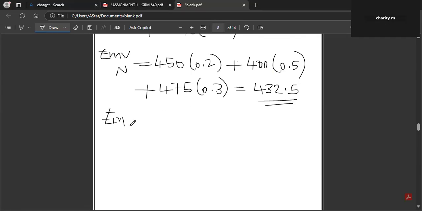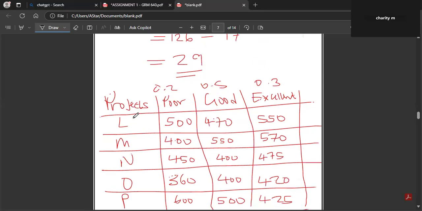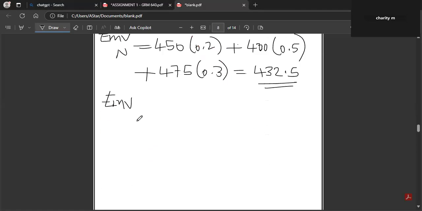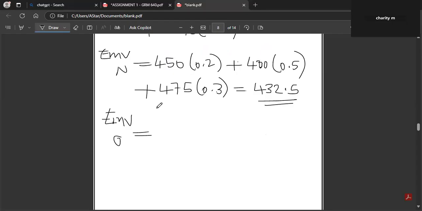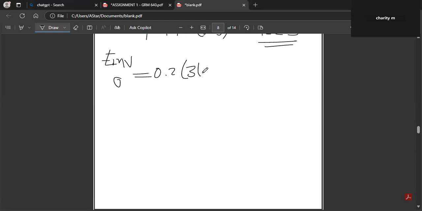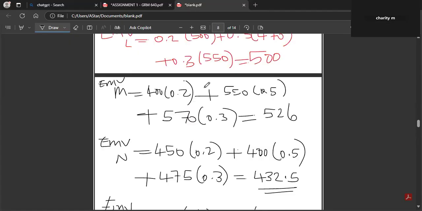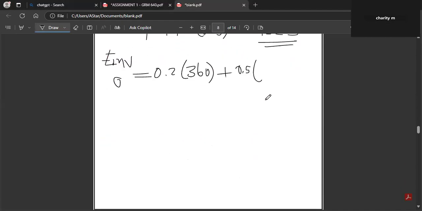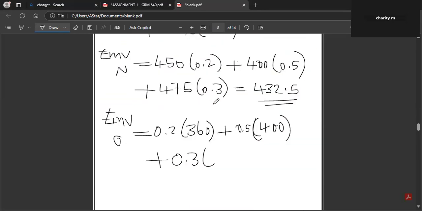Then EMV for O. Okay, so O is 0.2 by 360, then plus 0.5 by 400, then plus the other one, 0.3 by 420.